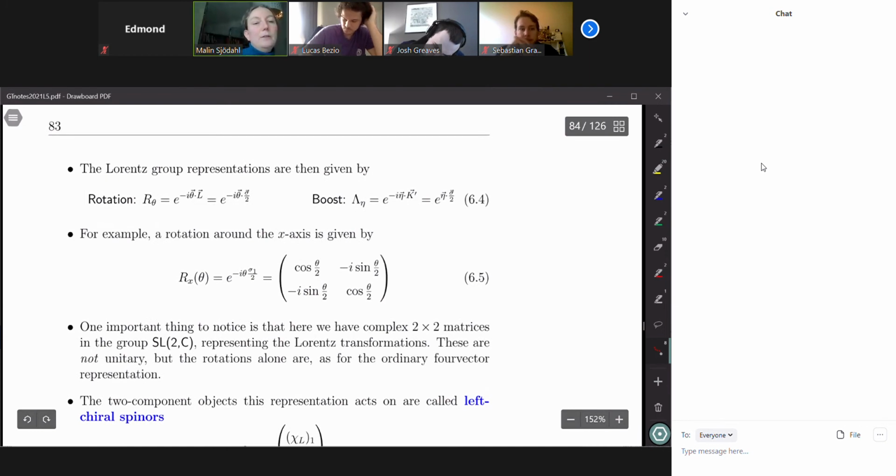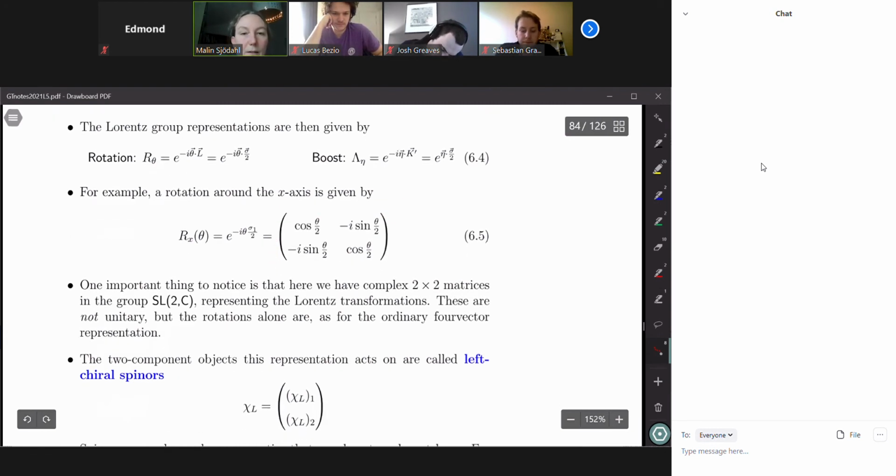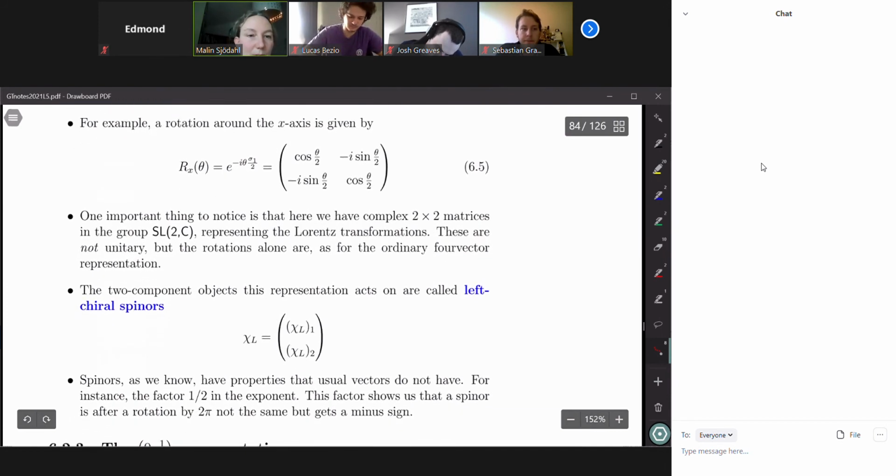Okay, so for example, we can explore rotation around the x-axis, and this would then be e to i some theta, and then sigma 1 over 2. And we have seen it before in the SU2 lecture that it would be this matrix here, axis-angle parametrization.